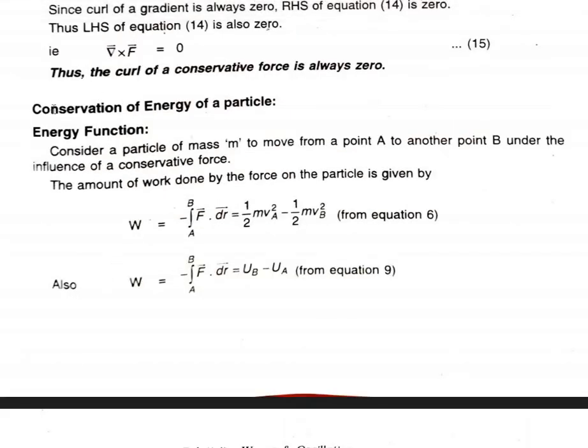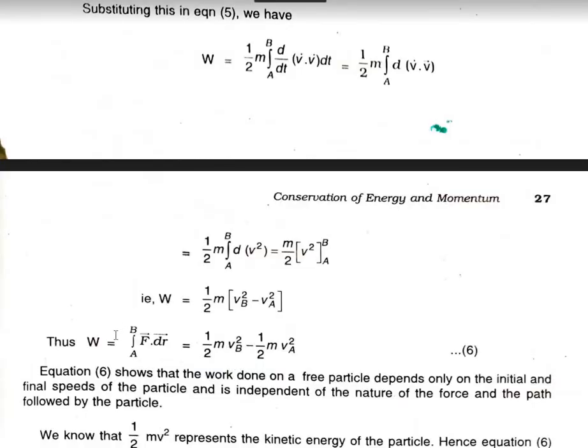Let us discuss the conservation of energy of a particle. Here let us consider a conservative force F. Consider a particle of mass m moving from a point A to B under the influence of a conservative force. The amount of work done W is equal to minus integral A to B F dot dr. Listen, this is the expression for kinetic energy.